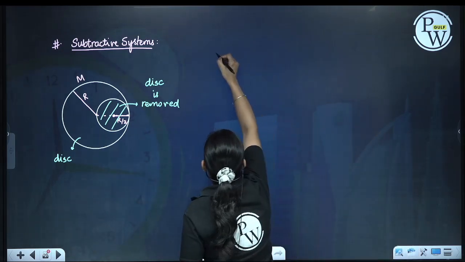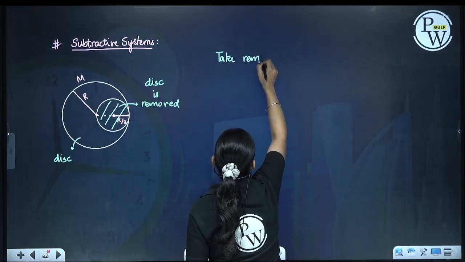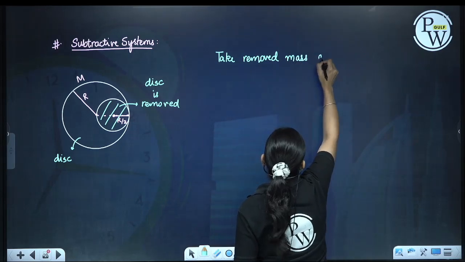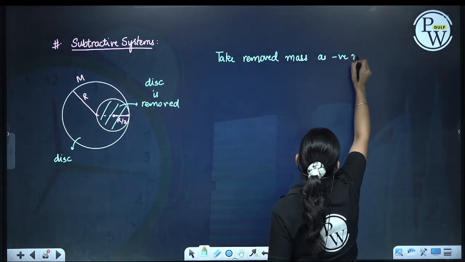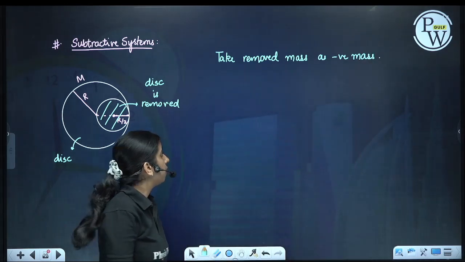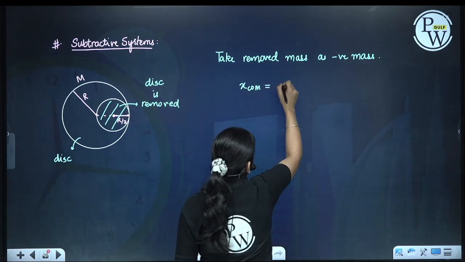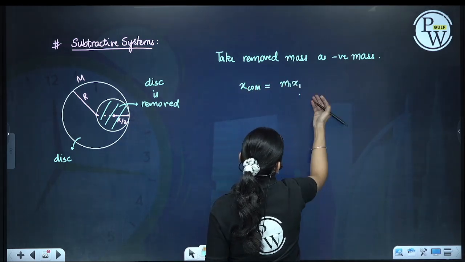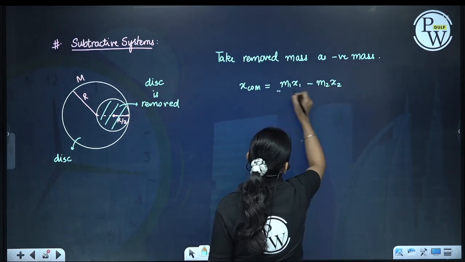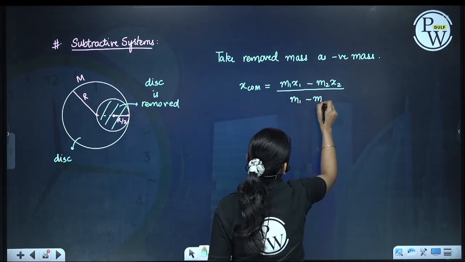So what will be our XCOM? XCOM will now become m1 x1 minus m2 x2 divided by m1 minus m2.